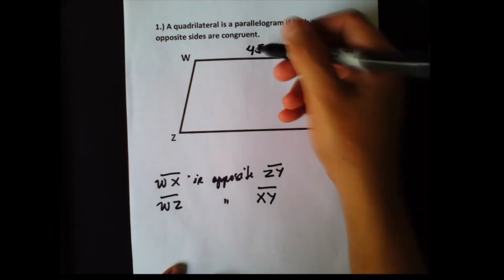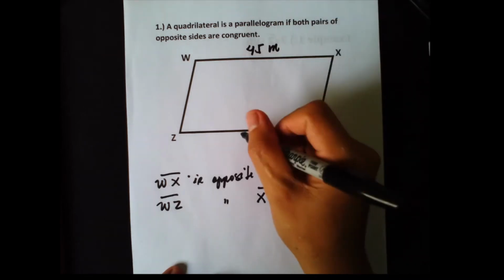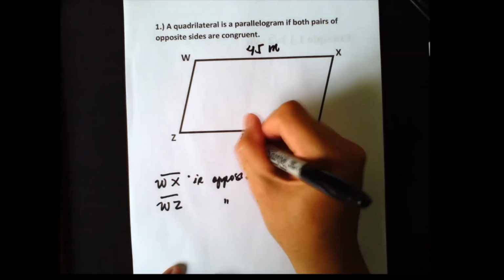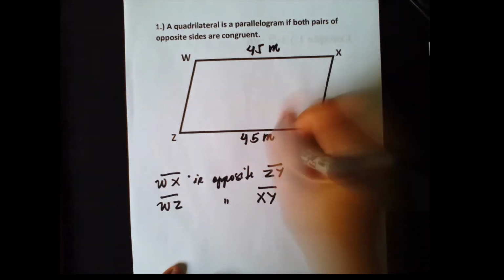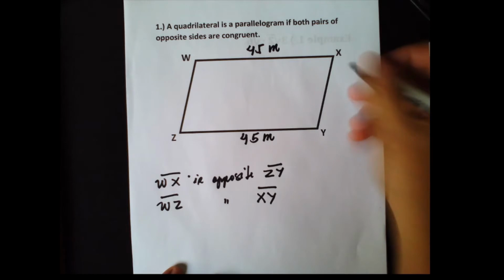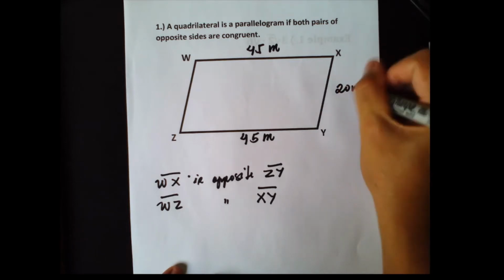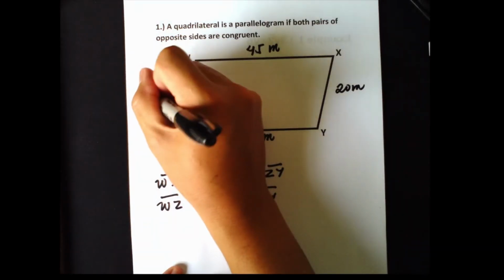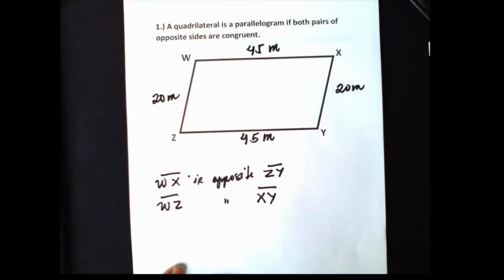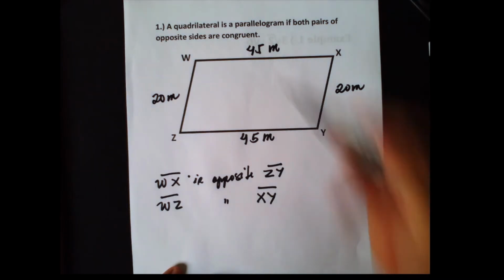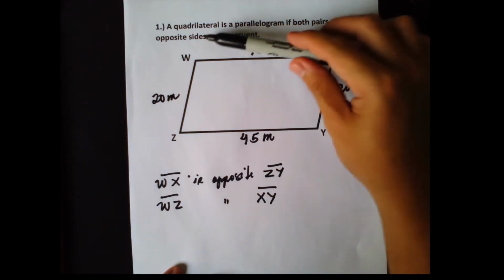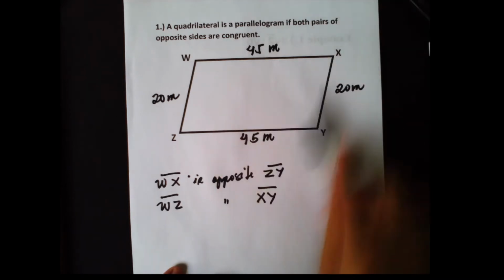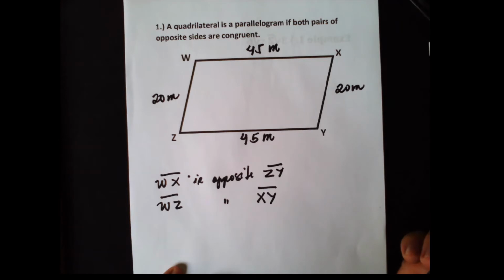Then the opposite side also has a measurement of 45 meters. And if this is 20 meters, the opposite side also has a measurement of 20 meters. If you satisfy this condition, therefore this shape is a parallelogram.